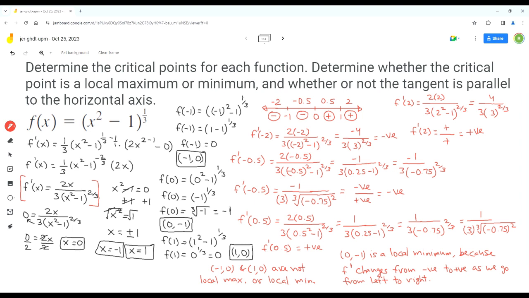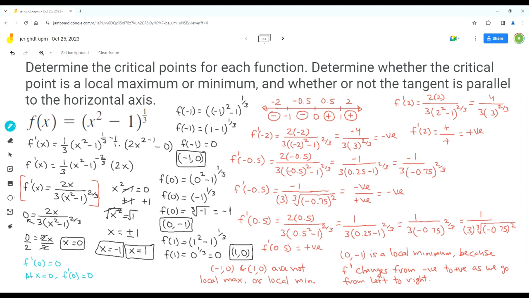Now the last part is whether or not the tangent is parallel to the horizontal axis. See, the tangent is parallel to the horizontal axis at x values where prime of f will be equal to 0. Now in our analysis, when we set prime of f equal to 0, we got the critical number x equals 0. So at x equals 0, prime of f is equal to 0.